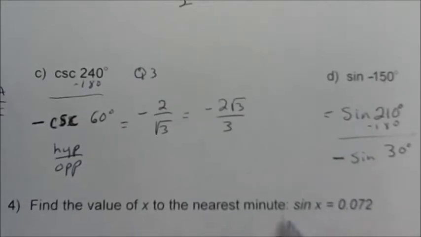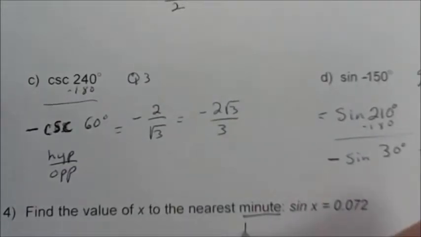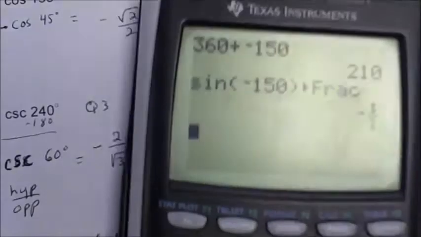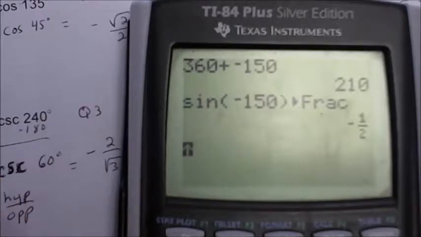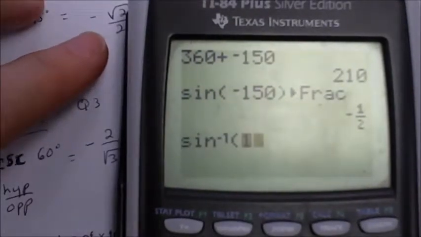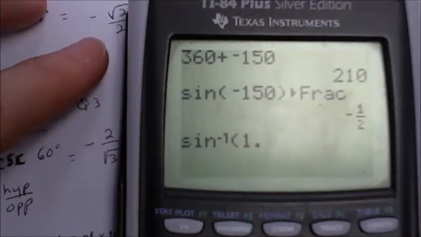Now what we want to do is find the angle to the nearest minute. So remember, we have to DMS that. If we don't know the angle, remember we do second sine of 0.072. So we'll take our calculator, second sine of 0.072.